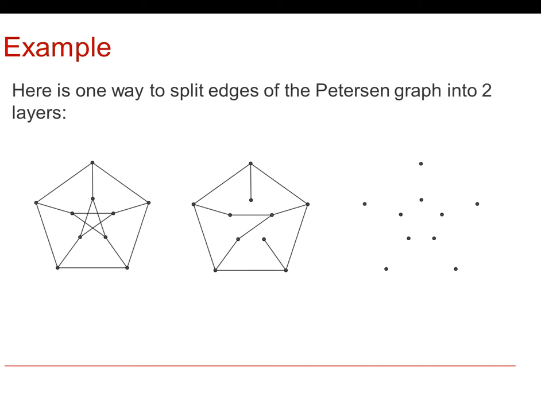For the Peterson graph, we have 10 nodes, each of order 3, which we can look at by inspecting the graph. Counting the edges can sometimes become a little confusing, but if we work out 3 times 10 divided by 2, we know that we're going to be trying to draw 15 arcs in total.